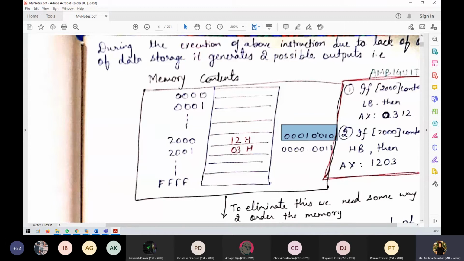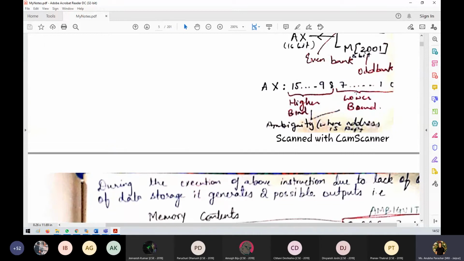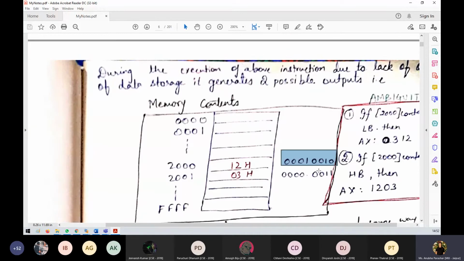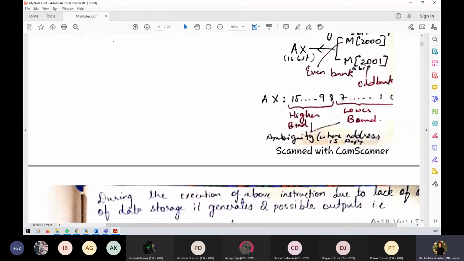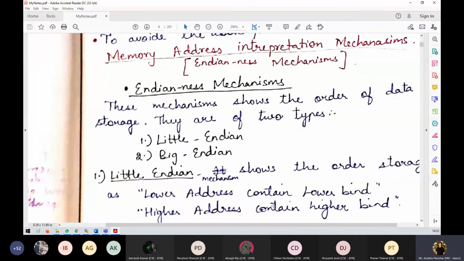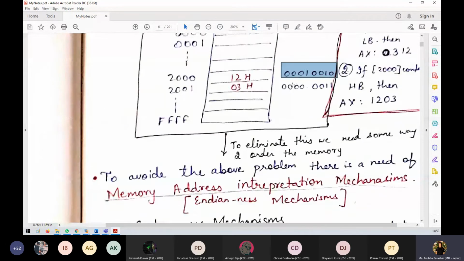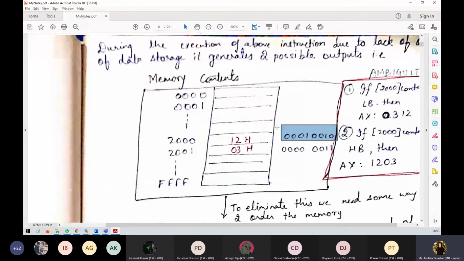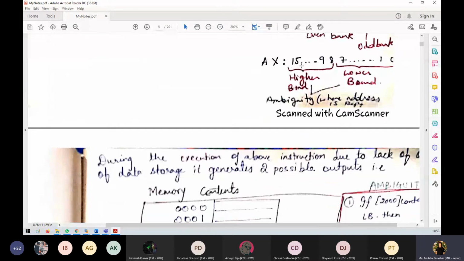This is the higher address. So you take this lower address and store the lower byte. That means the first value will be stored at the lower side, starting from 0. And consecutively the higher address holds the higher byte.